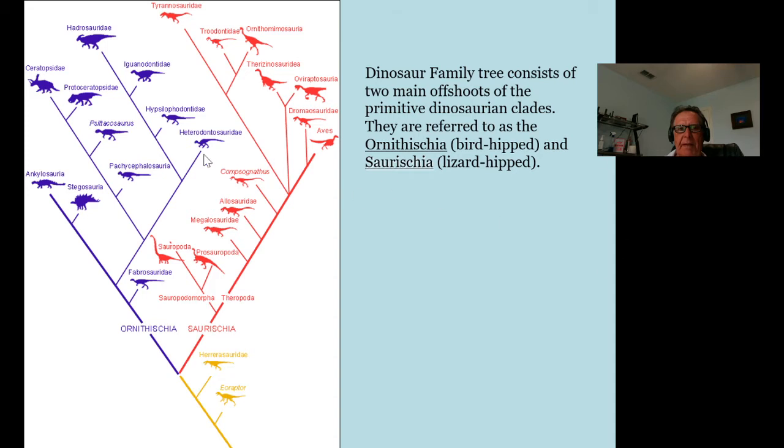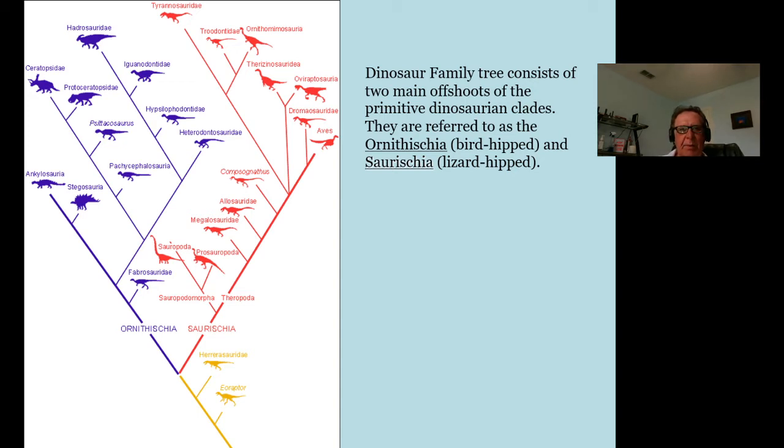The dinosaur family tree contains two main offshoots of the early dinosaurian clades, referred to as the ornithischians, or the bird-hip dinosaurs, and the saurischians, which are the lizard-hips. So you can see these are the early dinosaurs, and they branch off into these two clades.